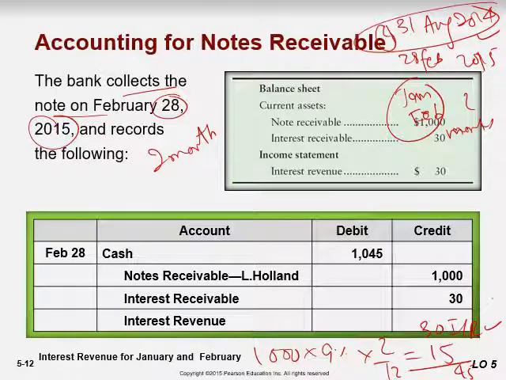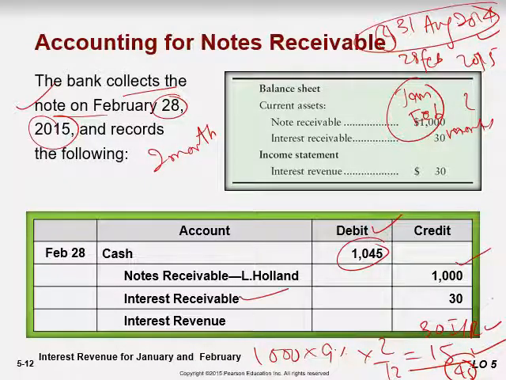So the entry would be they receive, because the question says collects the note. So the note is going to be collected along with its interest. So total interest is 45 here. So total amount going to be principal plus interest. It's 1045. So cash receipts against notes receivable, right?